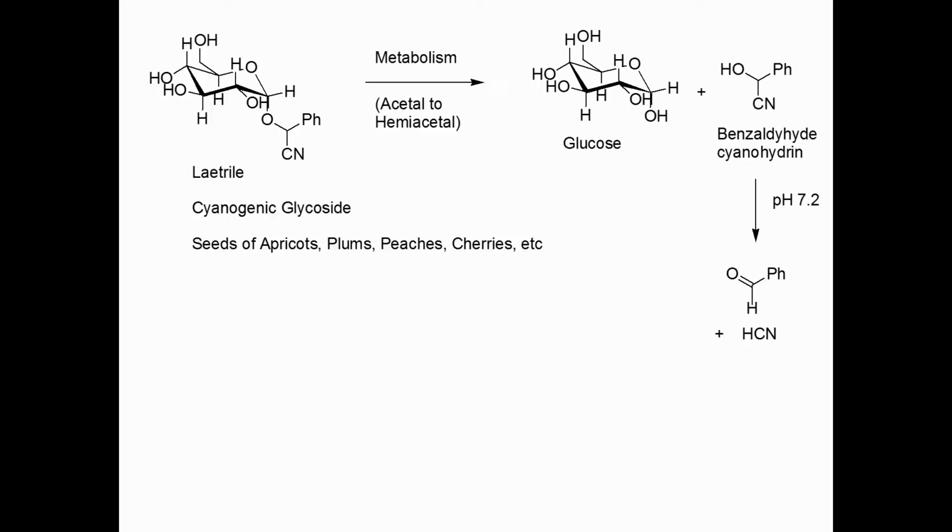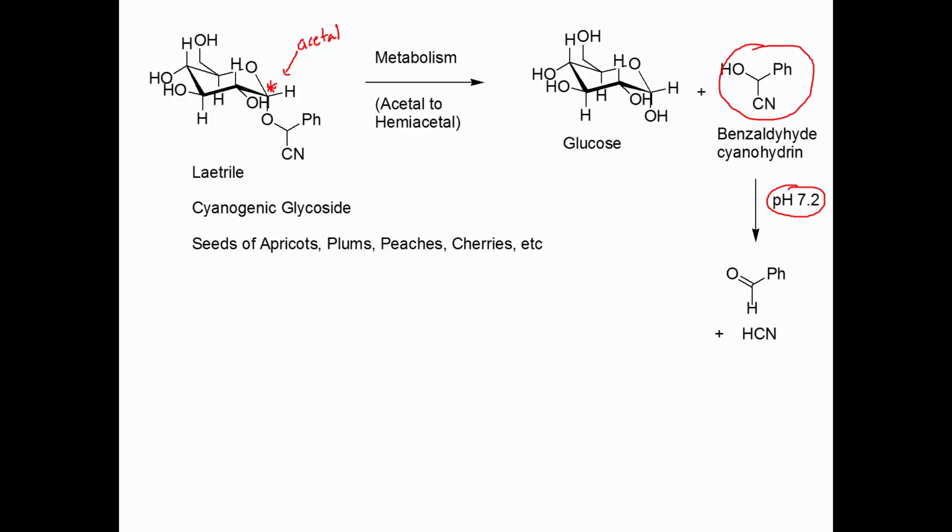It's easy to understand. Metabolism is going to take this carbon here, which is an acetal. Note that it has two carbons, and it's going to turn it into glucose, a perfectly harmless compound. Okay, but it's also going to generate the cyanohydrin, and the biological pH is 7.2.